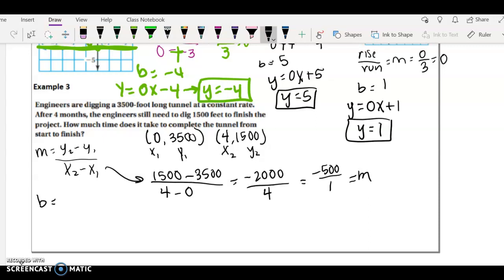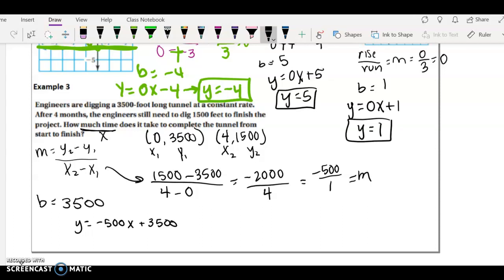My b, my y-intercept, is where we started the project. So at 0 months, we had 3,500 feet to go. So my equation is y equals negative 500x plus 3,500.